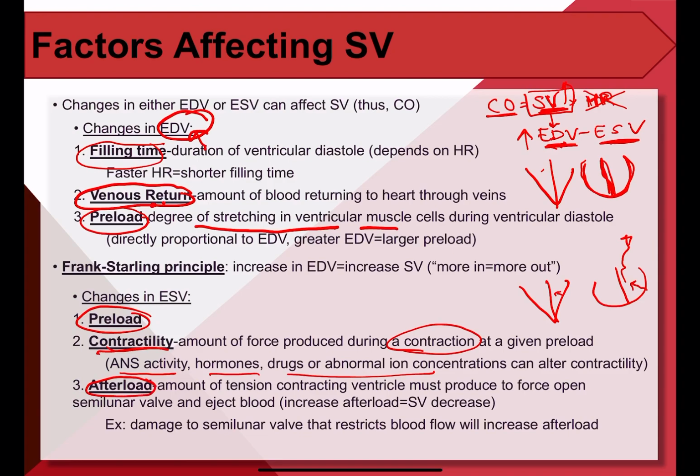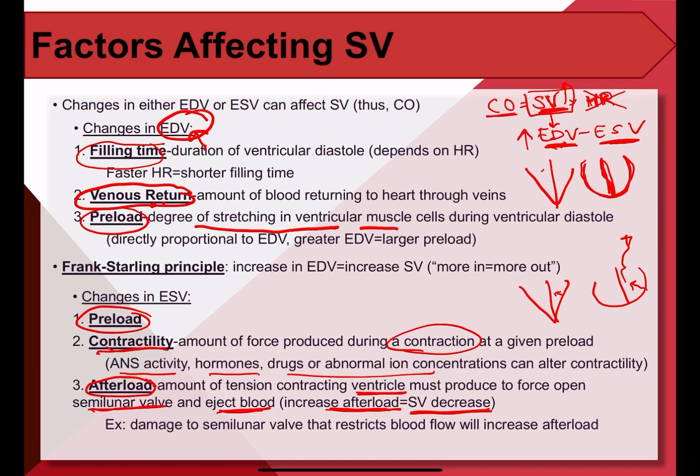Afterload has to do with how much force your ventricles have to produce in order to open those semilunar valves and eject blood into your systemic circuit. The higher the afterload, the lower the stroke volume. Preload and afterload are two different things.